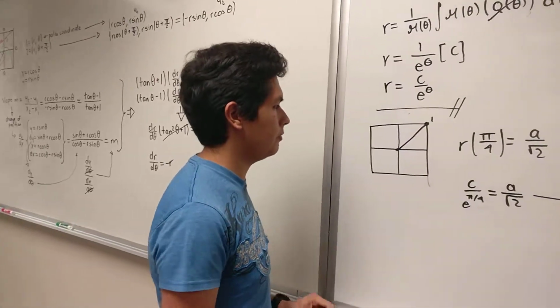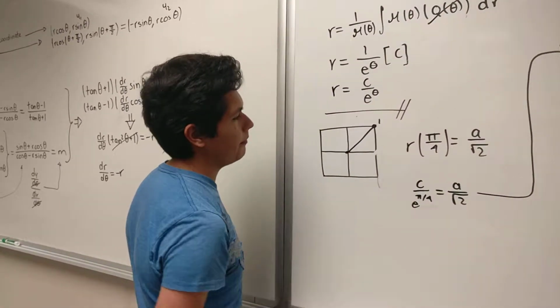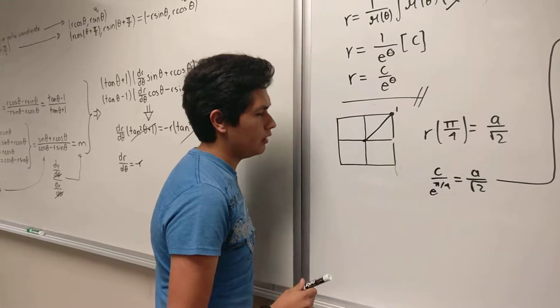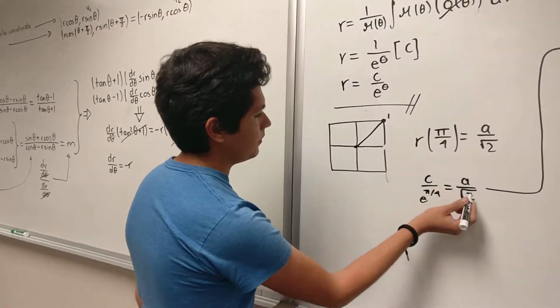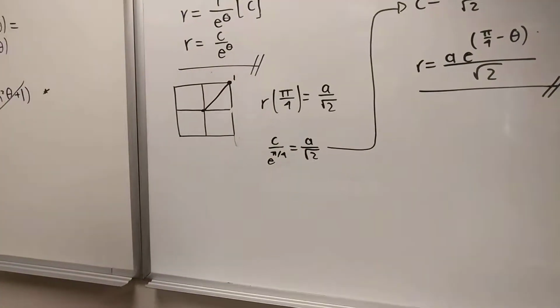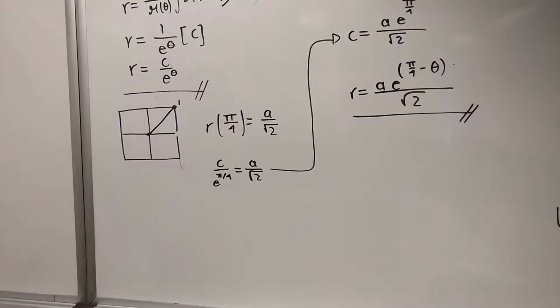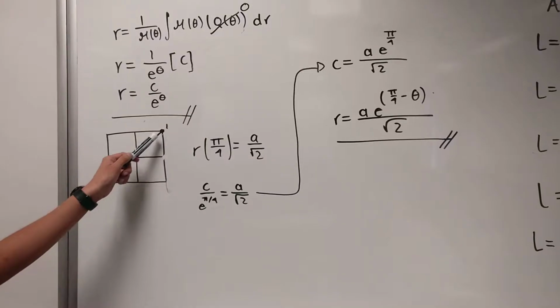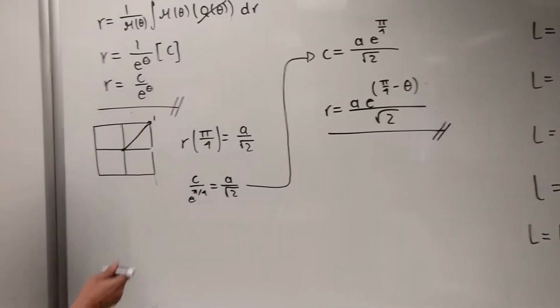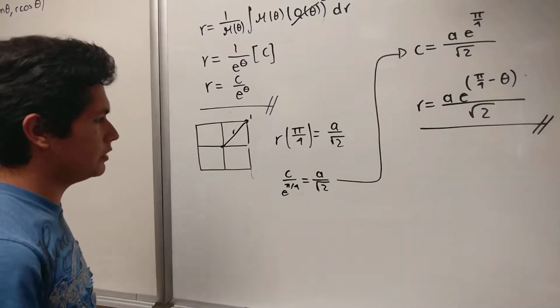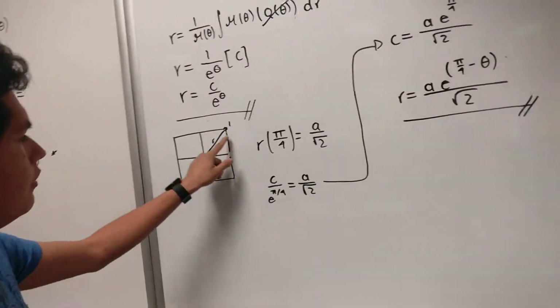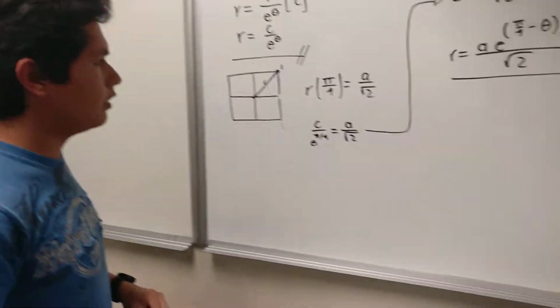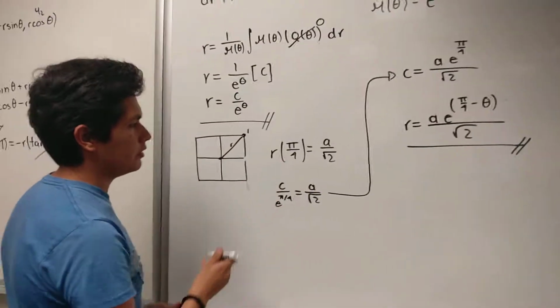With the Pythagorean theorem, we know that this line is going to be equal to a over square root of 2. So now we know that this is going to be r, and we just substitute. Since we know the angle is pi over 4, we set them equal to each other.